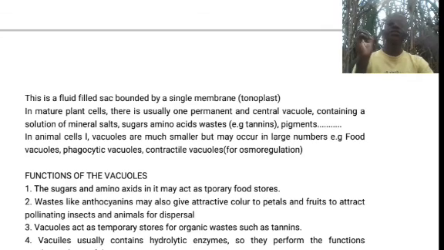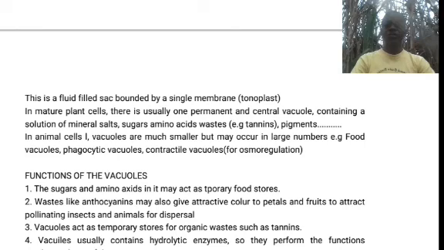That cell sap is a solution of mineral salts, the sugars, the amino acids. We also have the wastes like the tannins, as we shall come to look at what they do. So those are the plant cells and the vacuole. So it has one permanent cell vacuole.